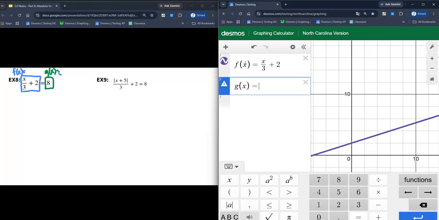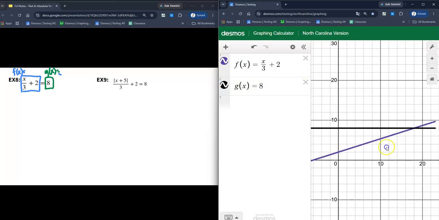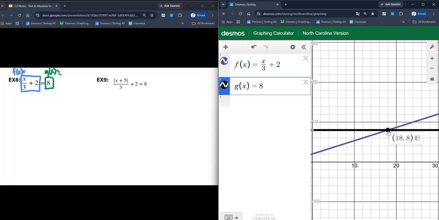G of x equals 8. It's going to graph 2 lines for me. I'm going to look for where they cross. What is my x coordinate? 18. 18 should be the answer for this. We're going to solve it and make sure it is. So that method works every time for these. Sometimes you have to zoom and it's a little tricky, but it should work every time.